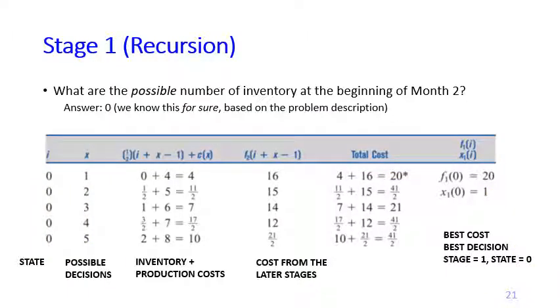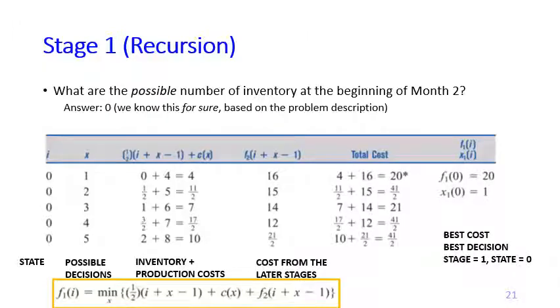So I just like to point out that this table may also be written in an equation, and it is called the recursion function or equation that looks like this. F1(I) means that we are at stage 1 at this moment, and our beginning inventory is I, and then we are going to look at all possible decisions. So the small x here, we're going to look at all the possible decisions and pick the one that gives us the minimum cost. How can we compute the cost?